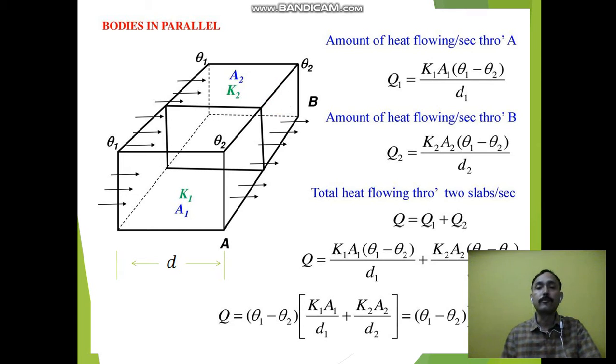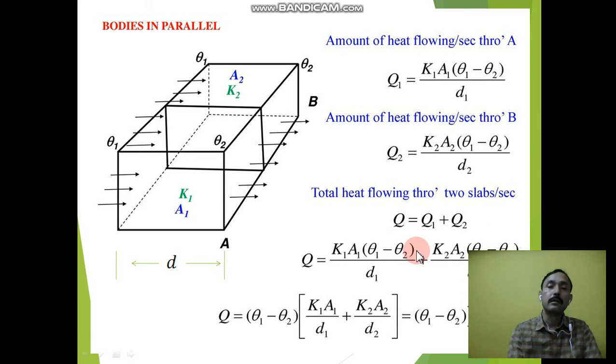Now the total heat flowing through these two slabs per second, if we write it as Q, is equal to Q1 plus Q2. Thus Q becomes K1 A1 (theta 1 minus theta 2) by D1 plus K2 A2 (theta 1 minus theta 2) by D2.